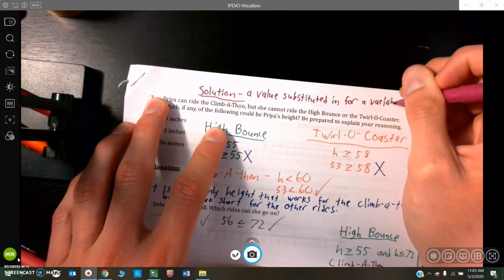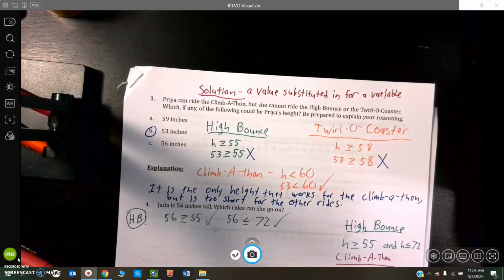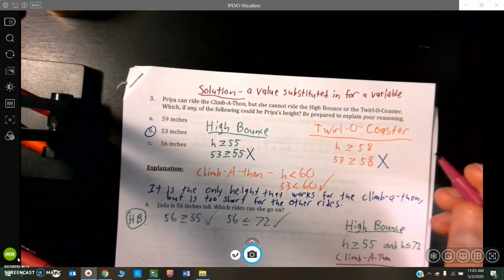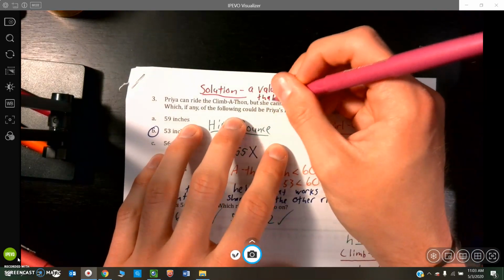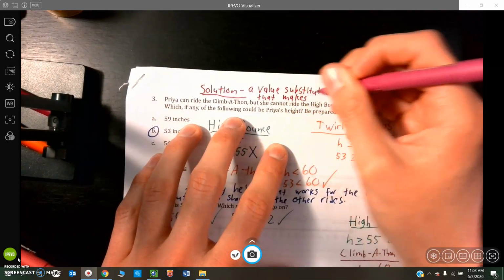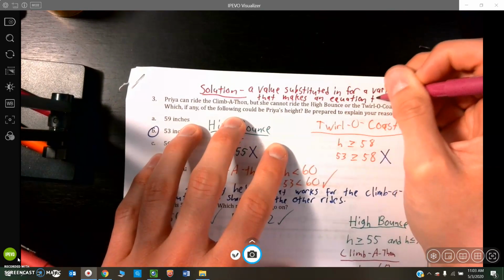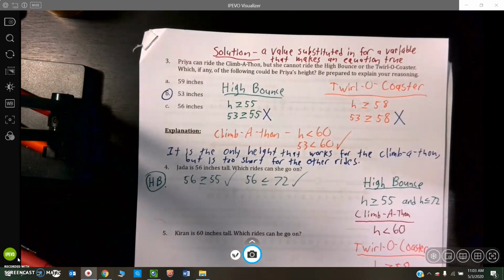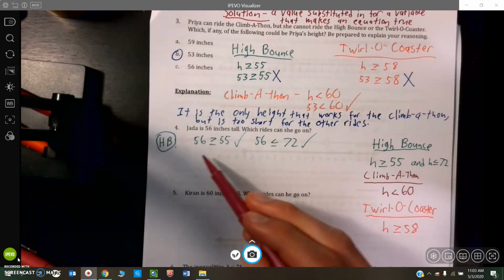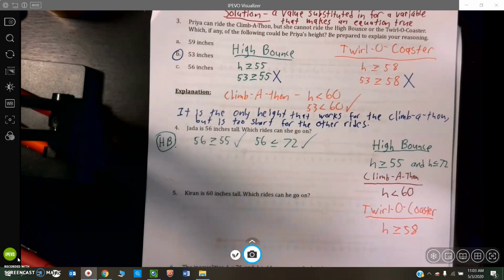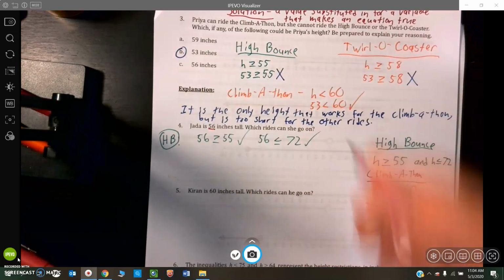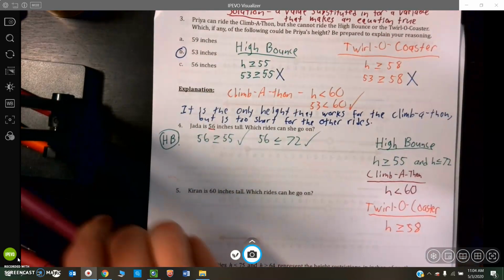We've got to remember that substitution means replacing a variable with a number. So it's a value substituted in for a variable that makes an equation true. Right here, we can see that when I substituted in this value to these equations, it made them both true. So her height, 56 inches, is a solution for the high bounce.